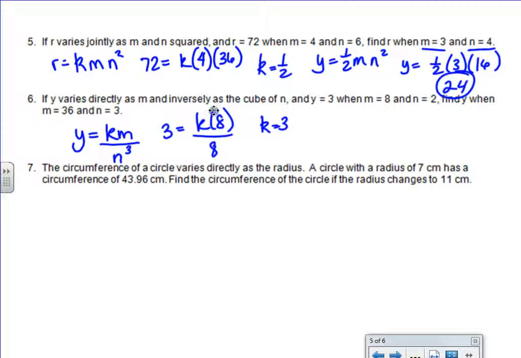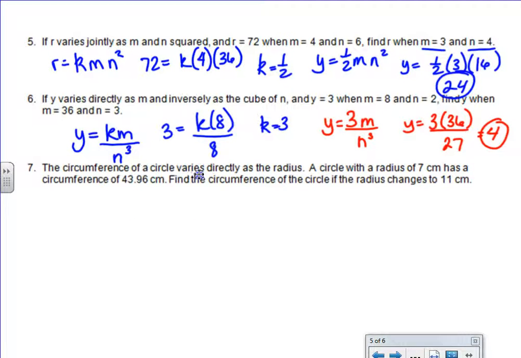Whoops, try again. Oh yeah, k is 3. And then my equation is 3 times m over whatever n to the third power is. And then it says find y when m is 36 and n is 3. So 3 times 36 divided by 3 to the third power would be a 27. So I think that's a 4. Hope my mental math is working today.